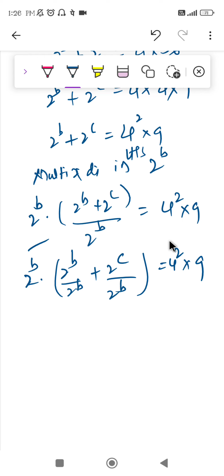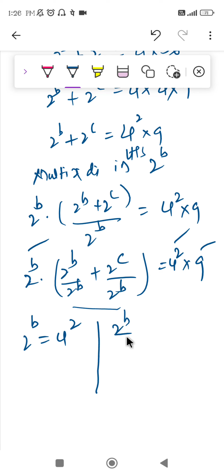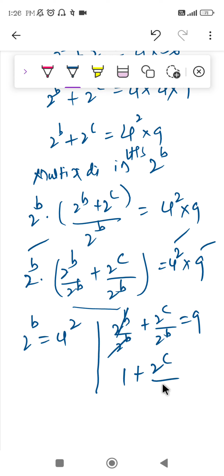This variable is equal to this variable, and this term is equal to this term. Therefore we can write 2 to the power of b is equal to 4 square, and the second one we can write as 2 to the power of b divided by 2 to the power of b plus 2 to the power of c divided by 2 to the power of b is equal to 9. And 2 to the power of b and 2 to the power of b get cancelled, and here we have 1 plus 2 to the power of c divided by 2 to the power of b is equal to 9.